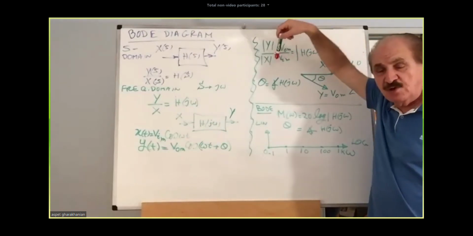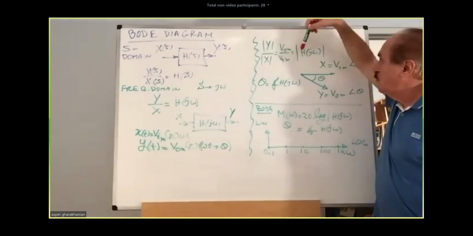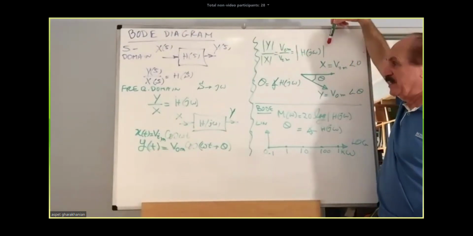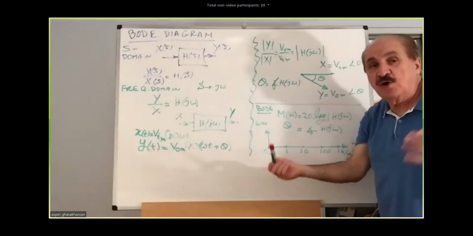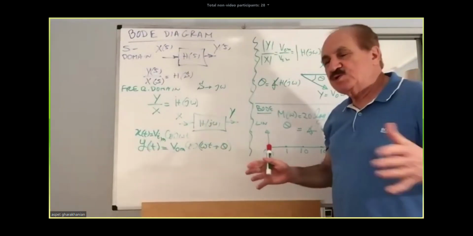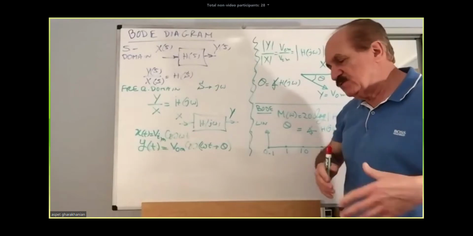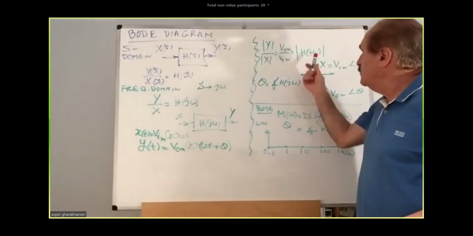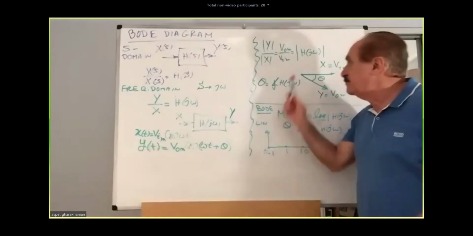This ratio is called the gain, which is equal to the magnitude of H(j omega) at a given omega value. If omega was a constant, which we did in AC analysis, we took a fixed frequency and analyzed it, then you're going to get just one number.